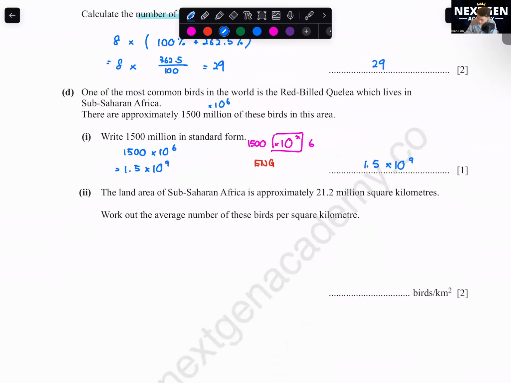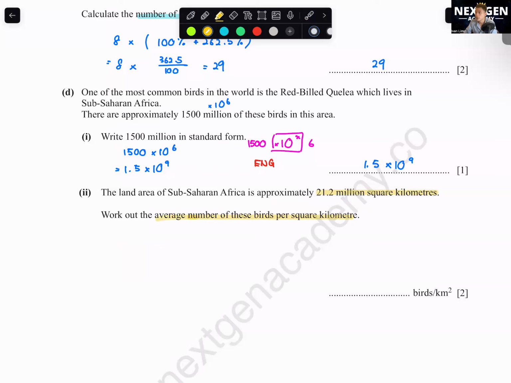Next one. The land area is approximately 21.2 million square kilometers. Work out the average number of these birds per square kilometer.